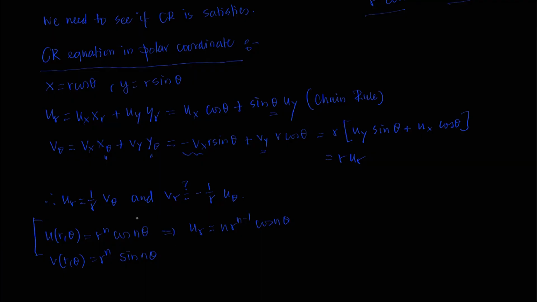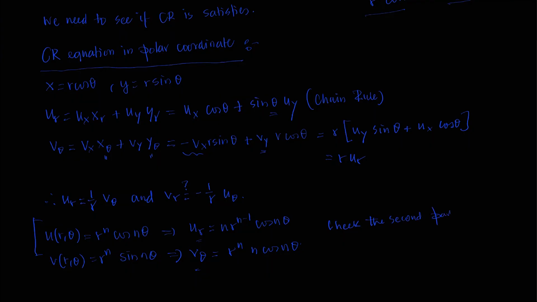And this has to be equal to 1 by r v theta, which is n r power n minus 1 cosine n theta. So you can see that ur is nothing but 1 by r v theta. So the first part is satisfied. You can also check the second part.